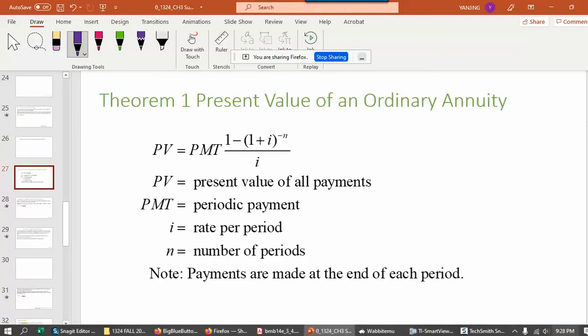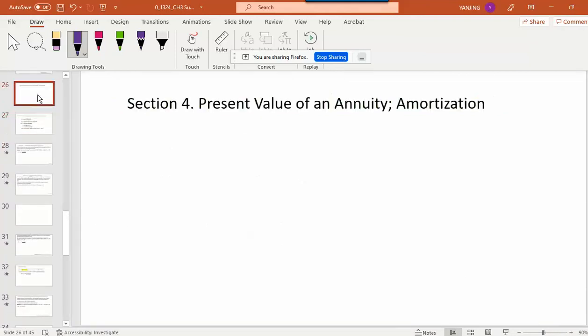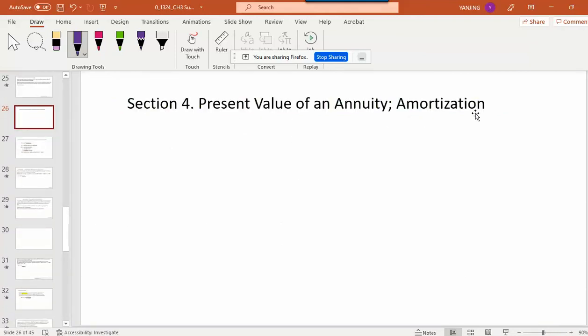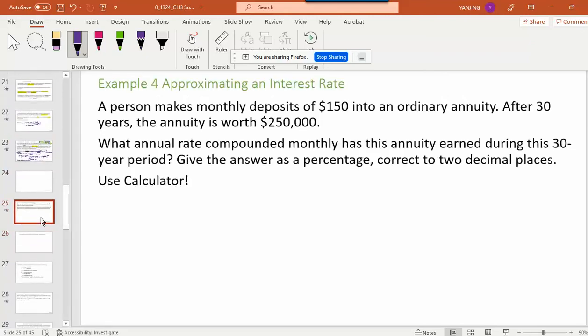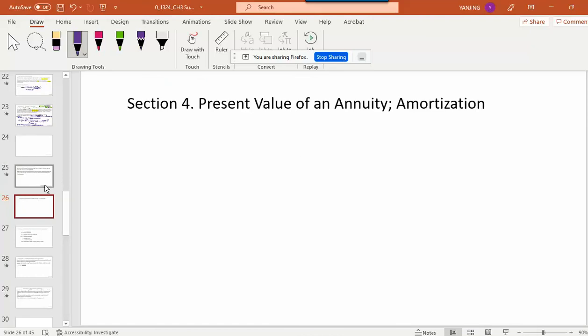Okay, another concept here is called amortization. All right, I know it's gonna be a lot of concepts in this chapter. Okay, so what is amortization in here?